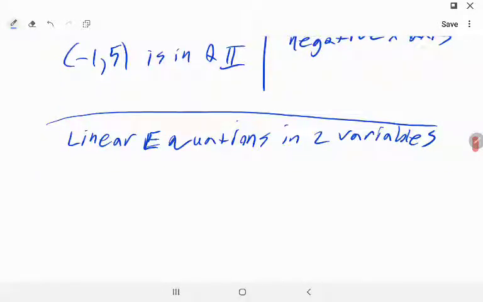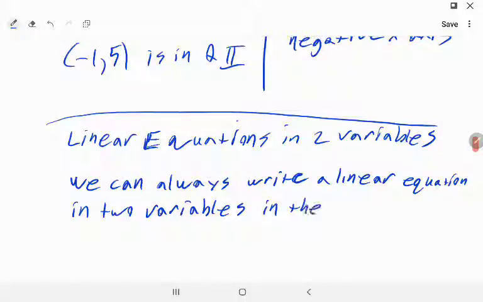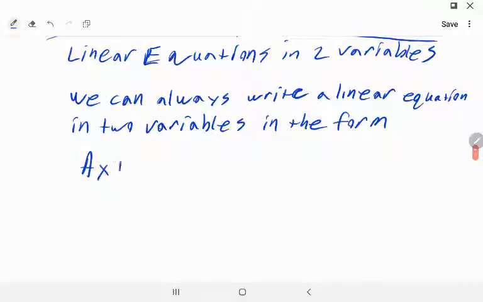The main issue is that we can always write a linear equation in two variables in the form ax plus by equals c.